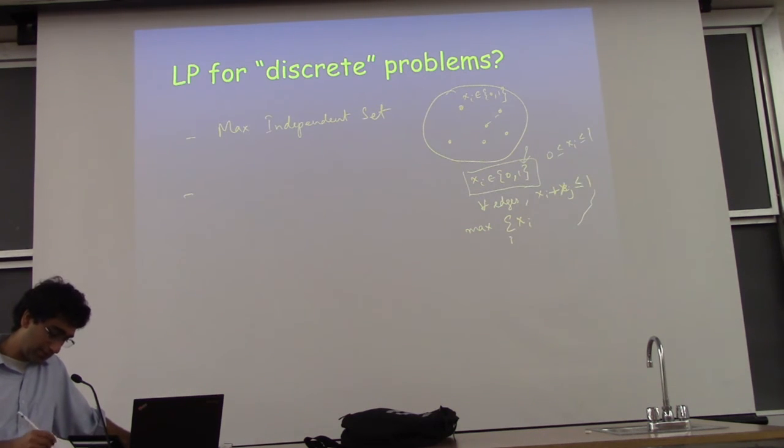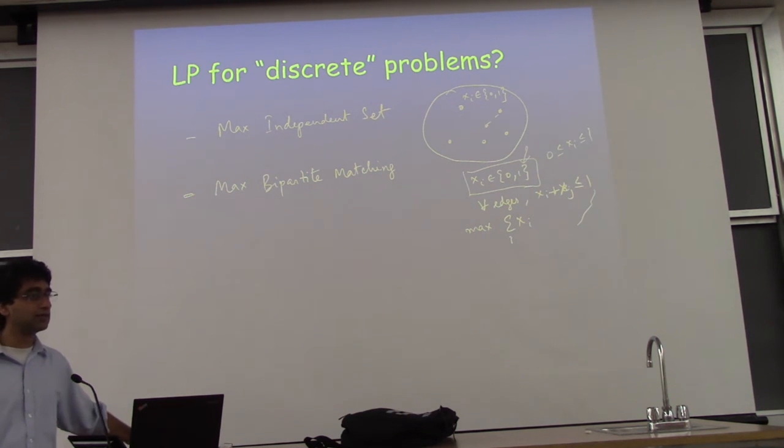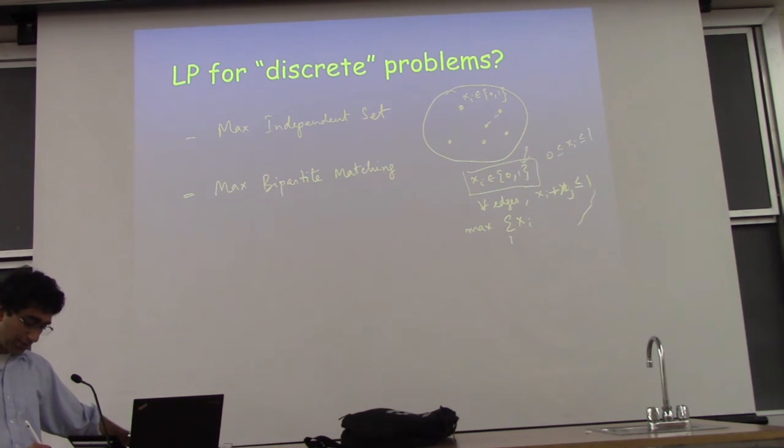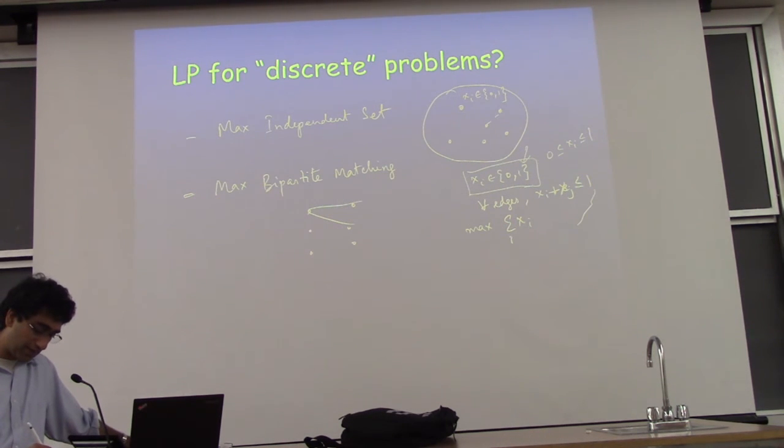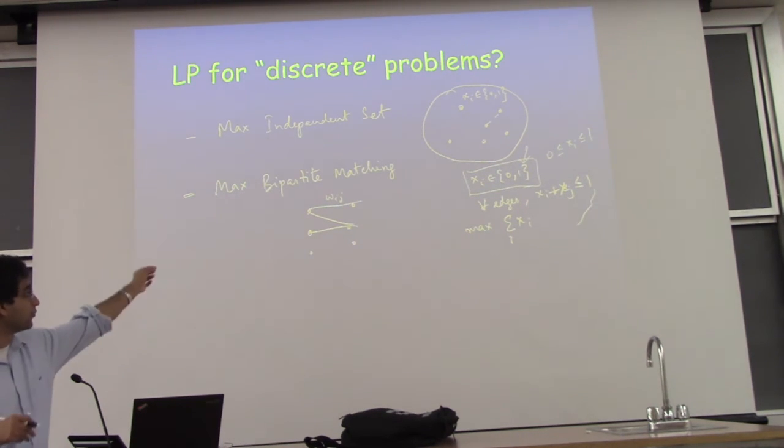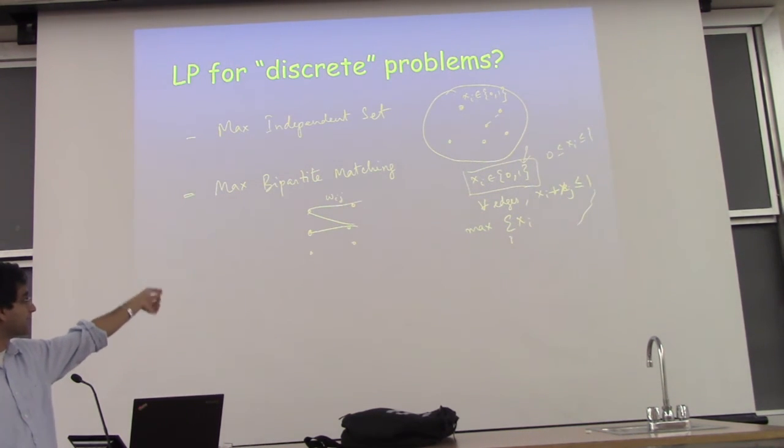So another example is what's called max bipartite matching. This we've seen last time. This is the problem that you saw in the homework and so forth. You have a bunch of vertices and some weighted edges, and you want to find some matching of maximum weight. Matching is basically every vertex goes to at most 1.